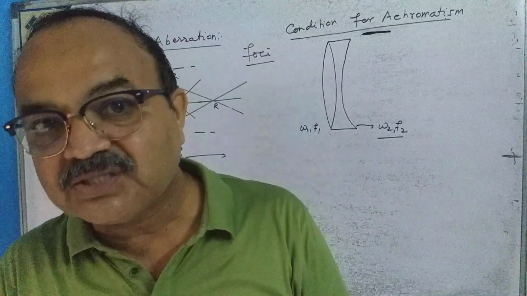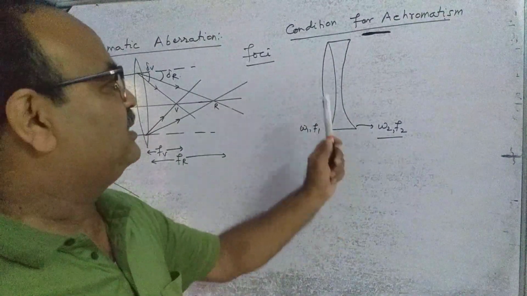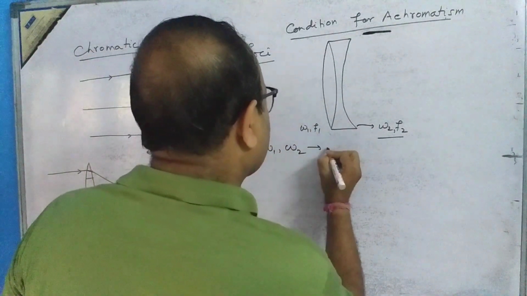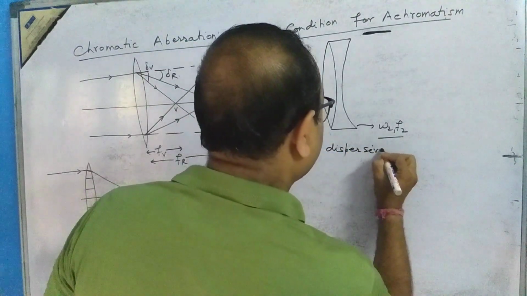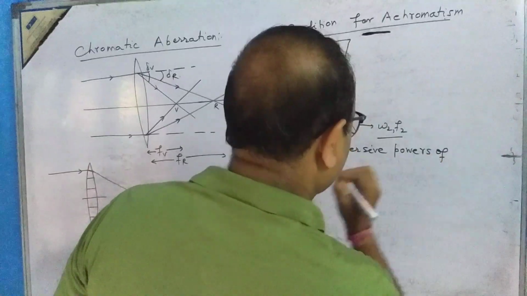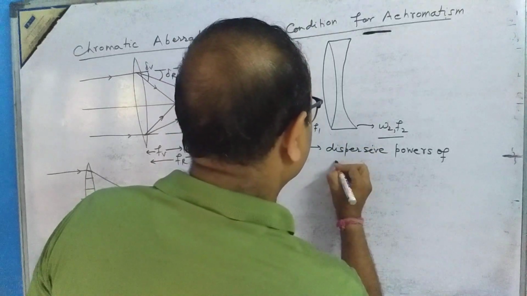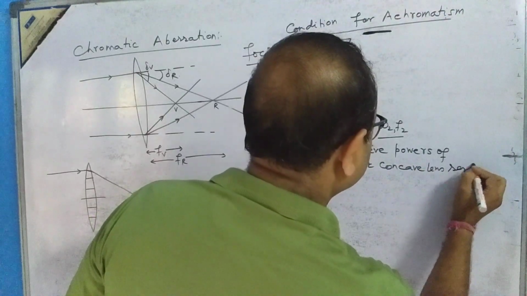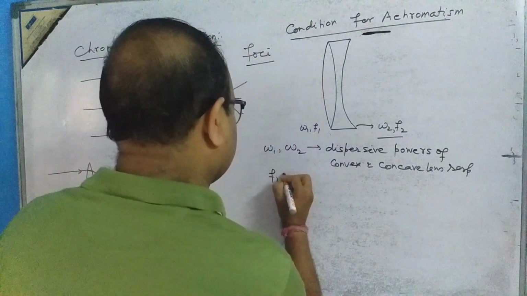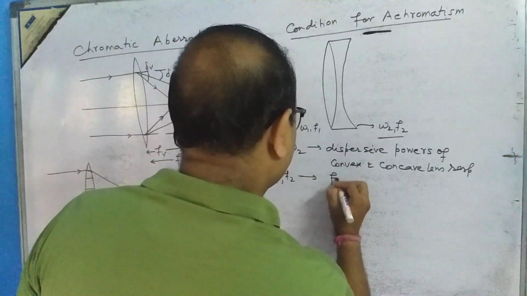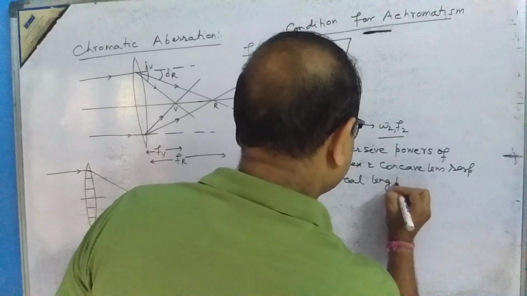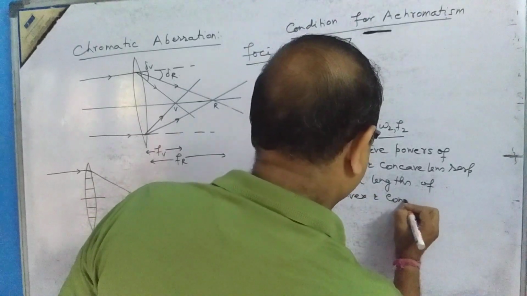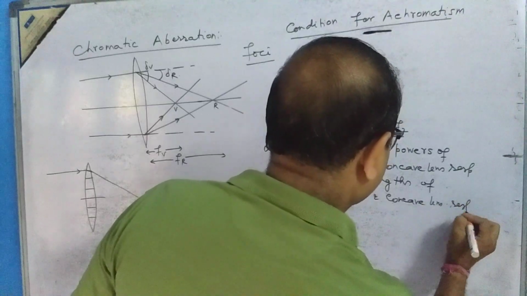What is the meaning of a suitable concave lens? Suppose omega 1 and omega 2 are the dispersive powers of the convex and concave lens respectively, and f1 and f2 are the focal lengths of the same convex and concave lens respectively.